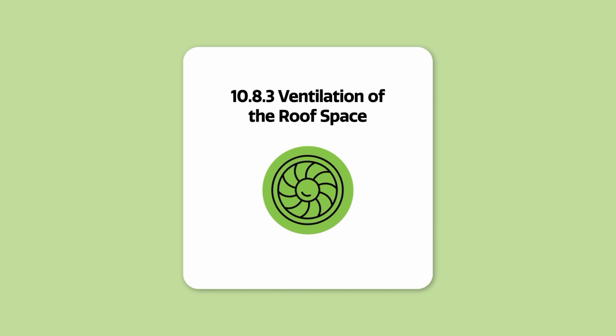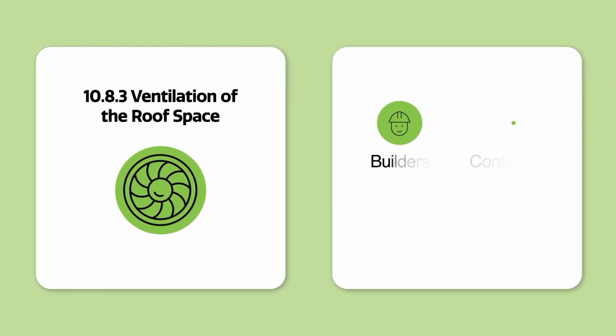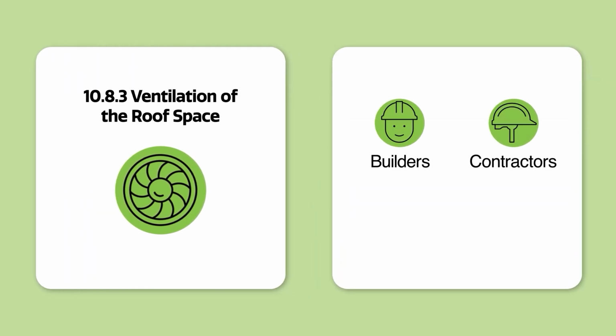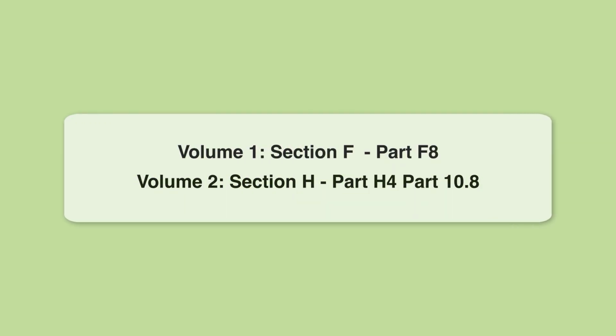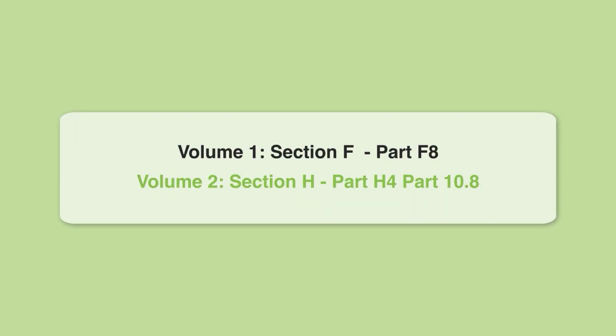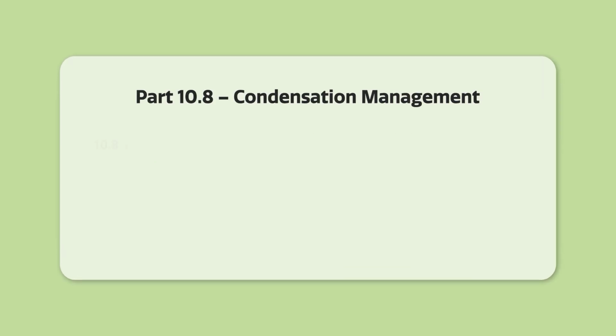This video is designed as a simple and practical summary of the third of the three sections of the regulation, ventilation of the roof space, including suggestions for builders and contractors, with developing effective, simple and cost-efficient solutions. For simplicity's sake, we will refer to the section numbers of Volume 2, the Condensation Management section. 10.8 has three subsections.